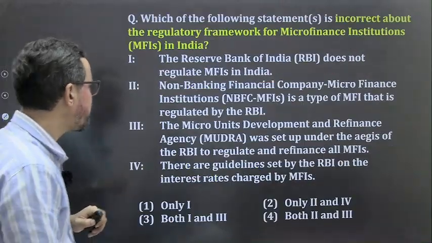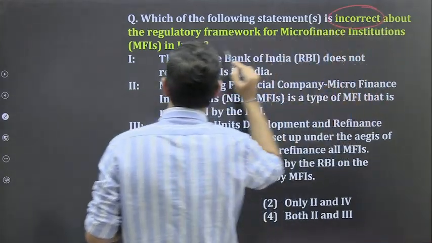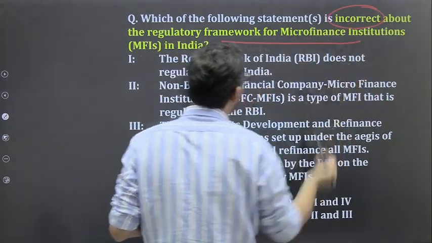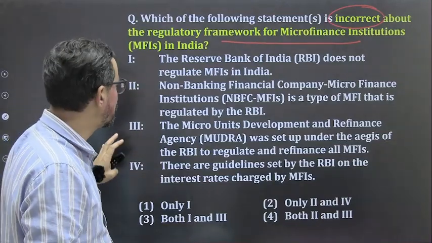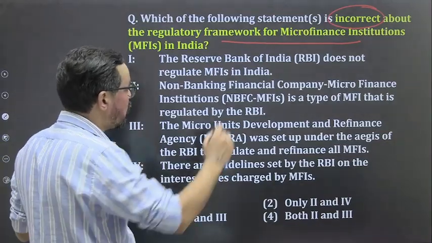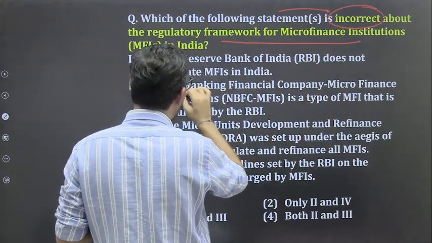Next one. Which of the following statements is incorrect about the regulatory framework of MFIs, microfinance institutions in India? So you have to find out the incorrect statement. Okay? So Reserve Bank of India does not regulate MFI.